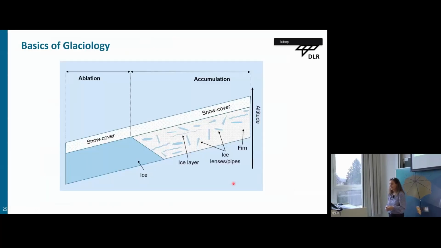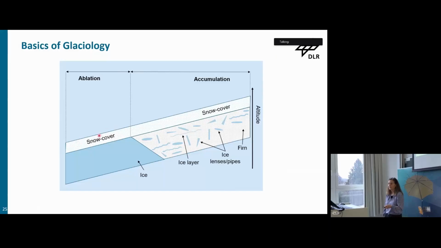Okay, so let us look a little bit at the basics of how a glacier could look. We have in principle two main parts, which we call ablation and accumulation zones. The ablation zones are the zones where we have permanent melting ongoing. So even if you have a snow cover in winter, it totally melts in summer, and then you only have the pure ice beneath.